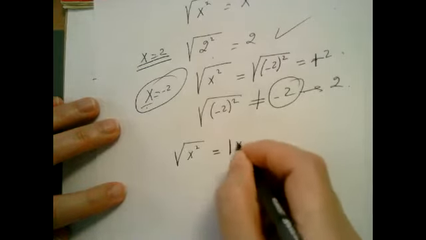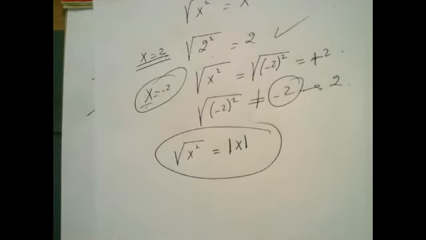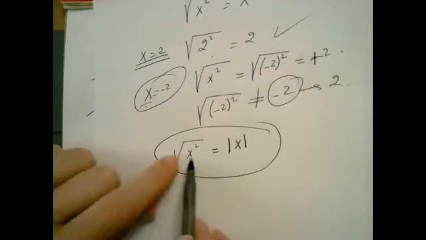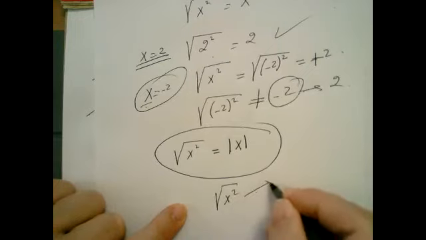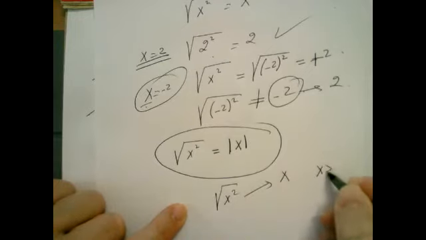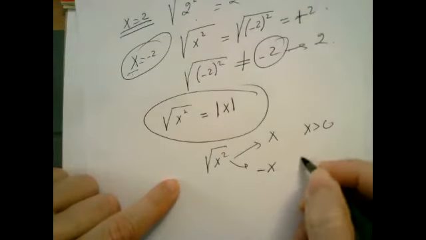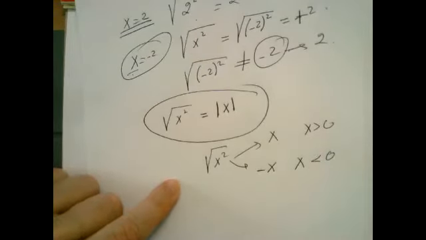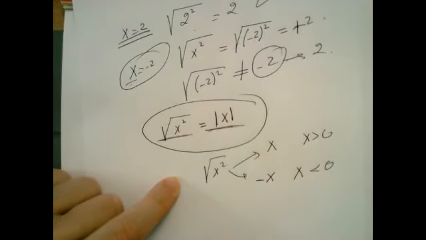It is the absolute value of x. It's a positive number. So the square root of x squared: if x is positive, you're right, that's x. And if x is negative, this is minus x. So the square root of x squared is actually the absolute value of x. It's not x.